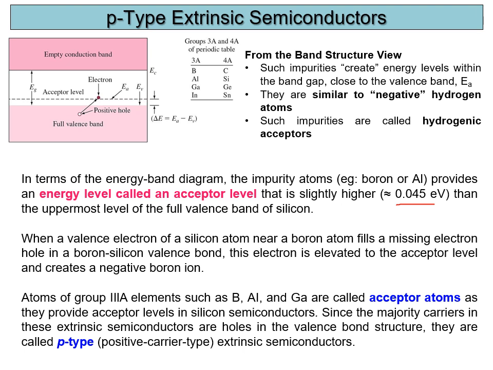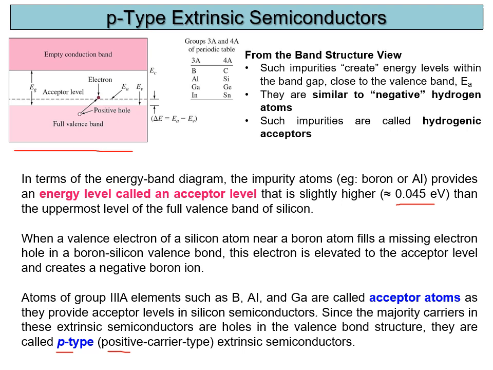Atoms of group 3A elements such as boron, aluminum, and gallium are called acceptor atoms as they provide acceptor levels in silicon semiconductors. Since the majority carriers in these extrinsic semiconductors are holes in the valence band structure, they are called P-type or positive carrier type extrinsic semiconductors.